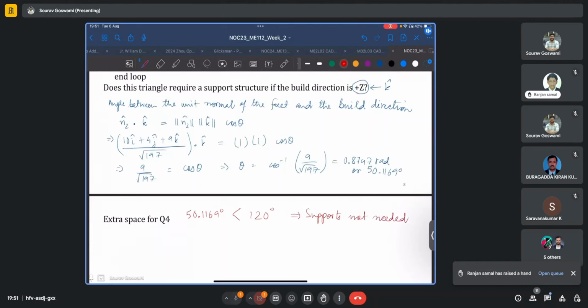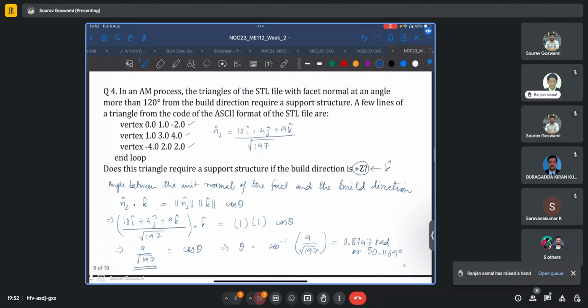But we did not even need to calculate this because we saw that the cos theta was positive. A positive cos is in the first quadrant. So we know that this is clearly less than 90 and this is clearly less than 120 degrees. Also, if you remember from the lectures, for the critical angle equal to 120 degrees, cos of 120 degrees was minus 0.5.